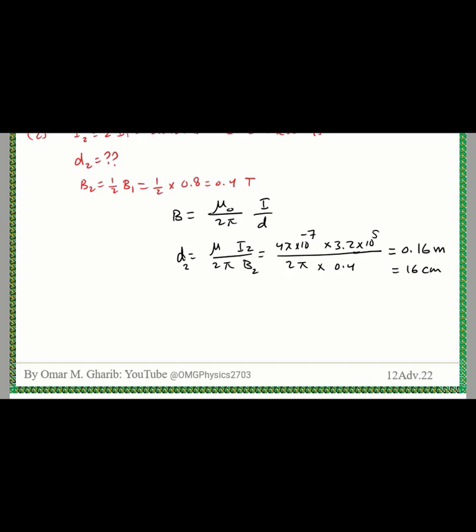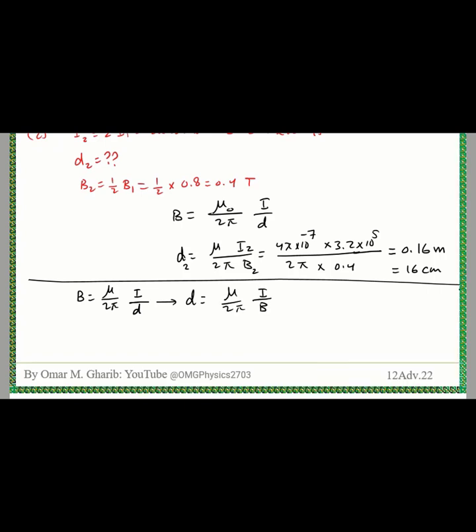If you rearrange your law, B equals mu over 2 pi times I over d, then d equals mu over 2 pi times I over B. This is just a constant, so you can ignore it in the proportionality and write your equation like this: d2 over d1 is directly proportional to I, so I2 over I1, but inversely to the magnetic field, so B1 over B2.